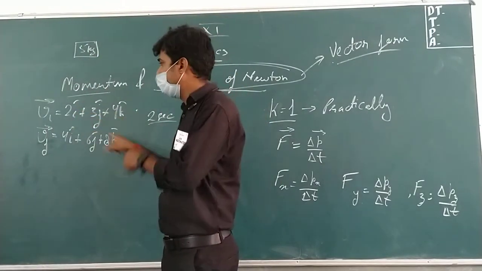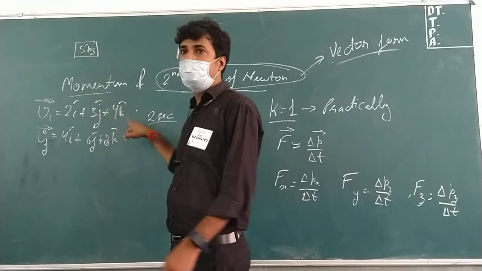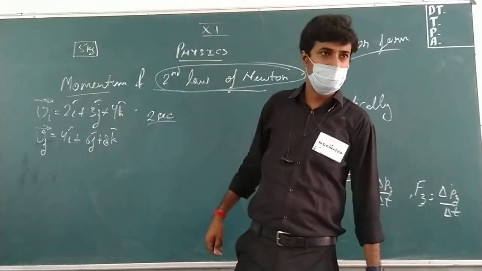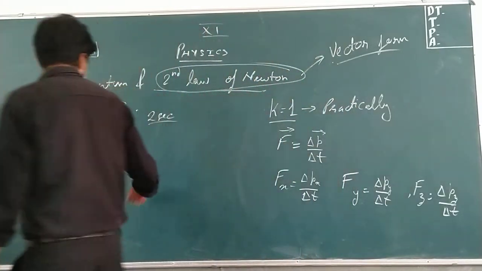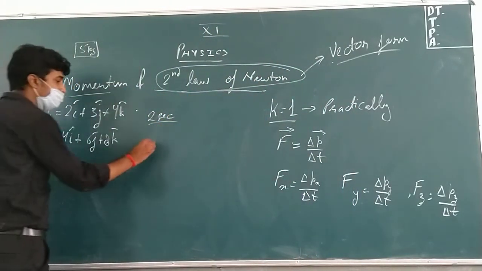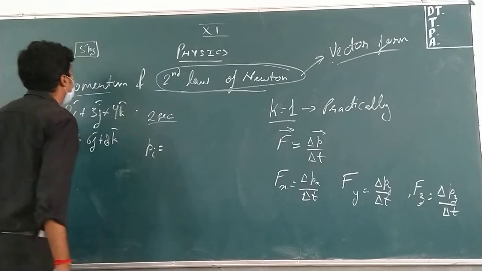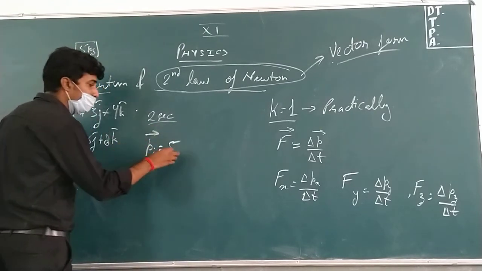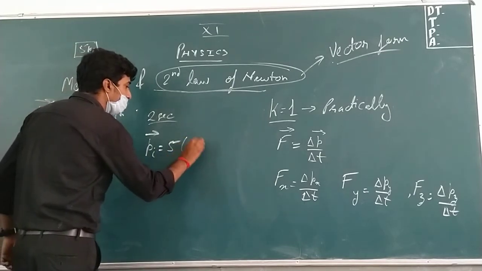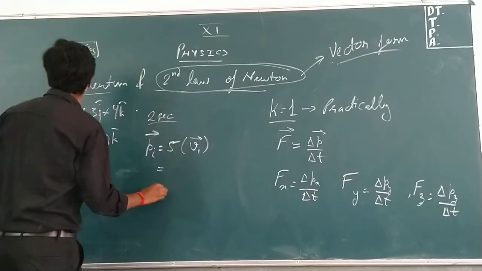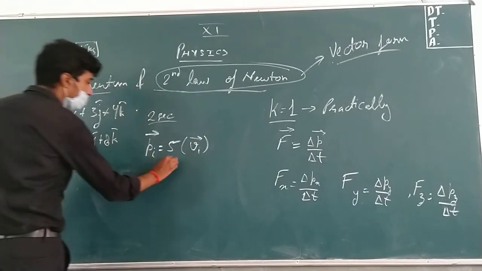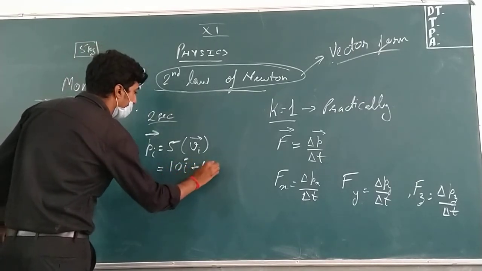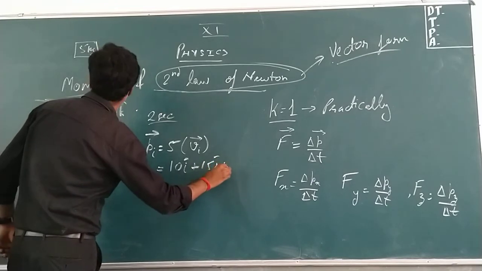At the starting time, the velocity was the initial one. When the 2 seconds were over, the velocity was the final one. Now what is the initial momentum? P initial equals 5 into vector Vi, which gives 10i cap plus 15j cap plus 20k cap.